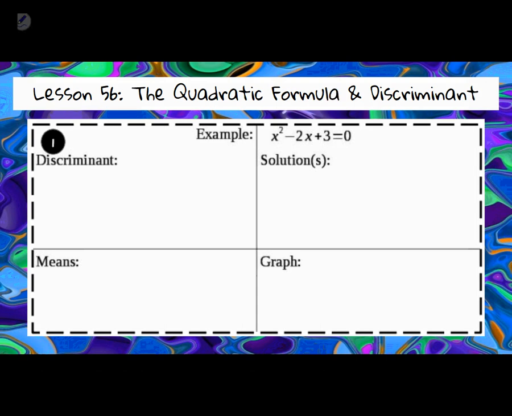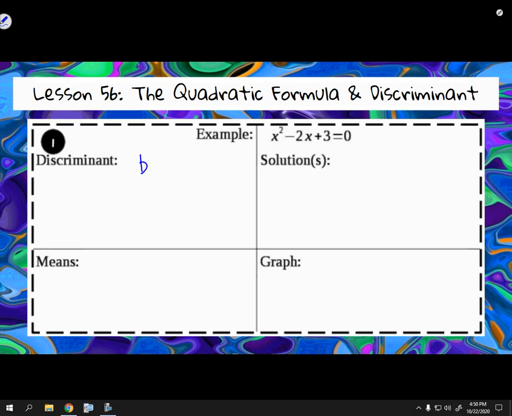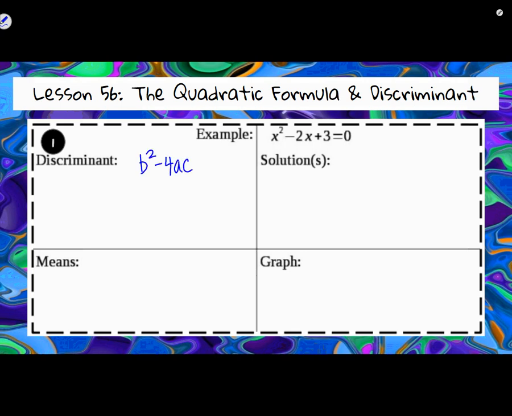All right, so here is our quadratic, x squared minus 2x plus 3. We're going to check the discriminant. So the discriminant is b squared minus 4ac. Our b is negative 2, and we want to wrap that in parentheses. Minus 4 times our a is 1, our c is 3. You can plug it in the calculator, especially if you have trouble with order of operations. Or if you're good with order of operations, you can work through this. So negative 2 squared is 4, minus 4 times 1 times 3. 4 times 1 times 3 is 12. 4 minus 12 is negative 8.